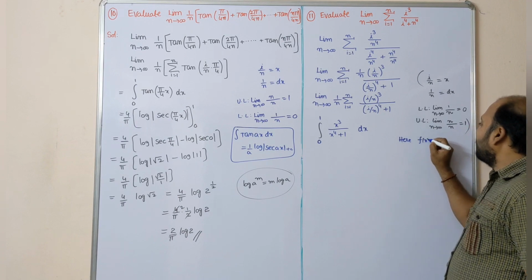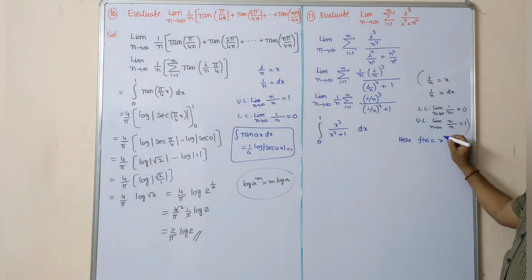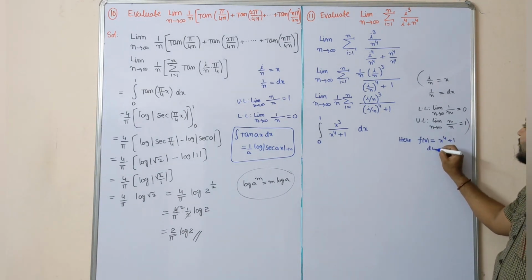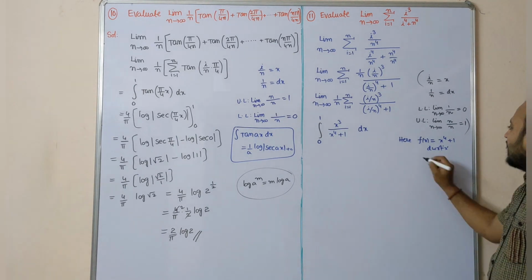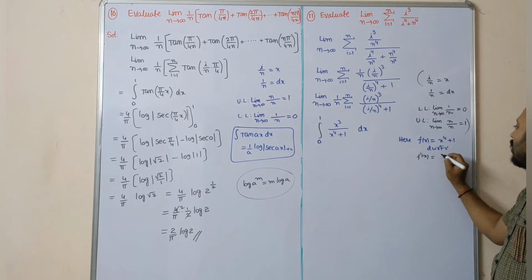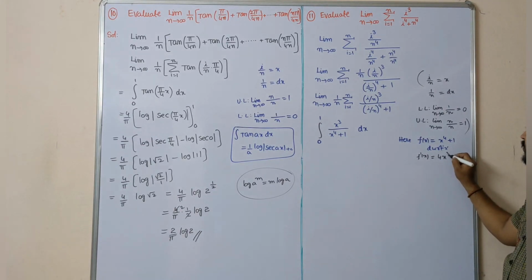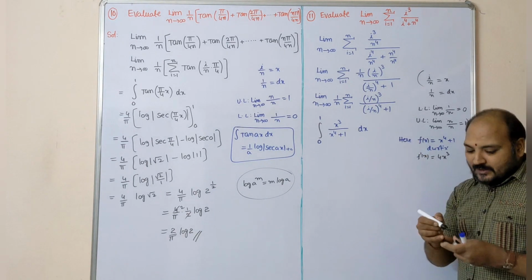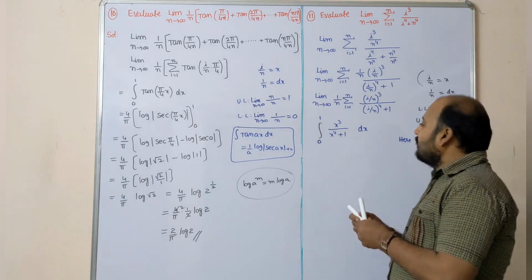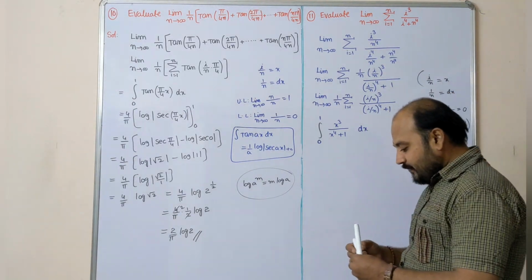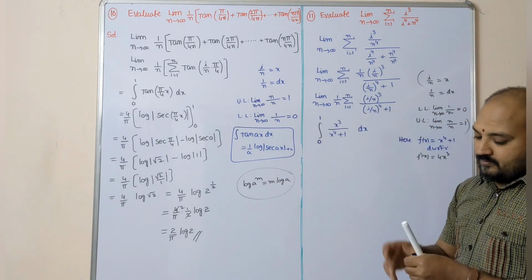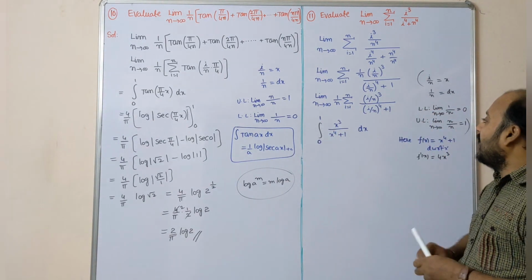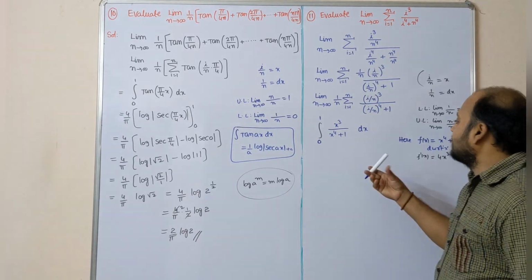If you take f of x is equal to x power 4 plus 1, differentiate with respect to x. f dash of x is 4x cube. But 4x cube is not there in this. So what I am doing is multiplying and dividing by 4.